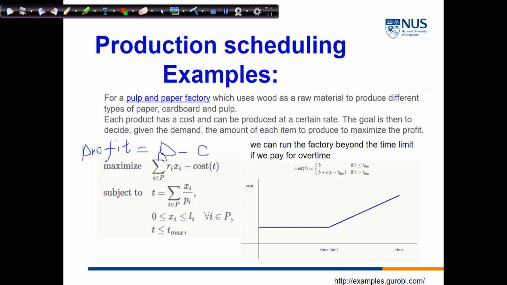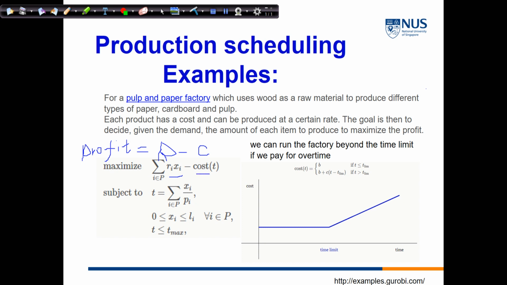And for each product, we define R_i as the revenue for each product. It can be the selling price of each product multiplied by the amount produced. So x is the amount of each product. So this is the revenue.